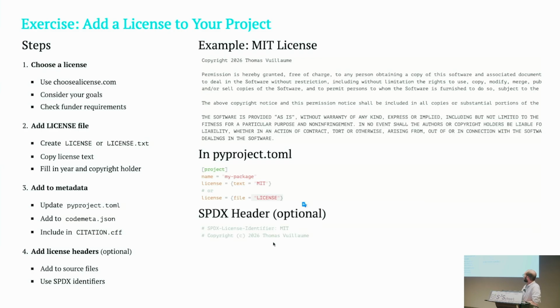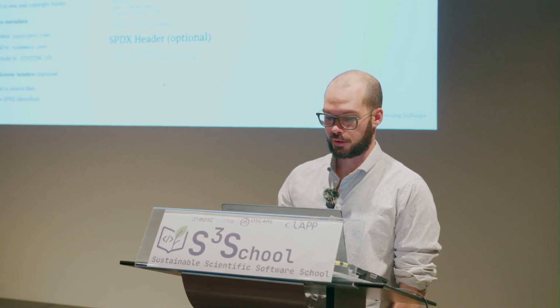And in the header that can look like this, so at the beginning of the file, you can add a header like that to specify the license. This can be useful if you have different licenses for different parts of your code. That happens sometimes. So at the moment, you can just create this license file and modify the pyproject.